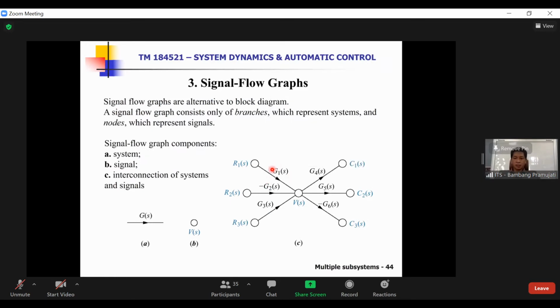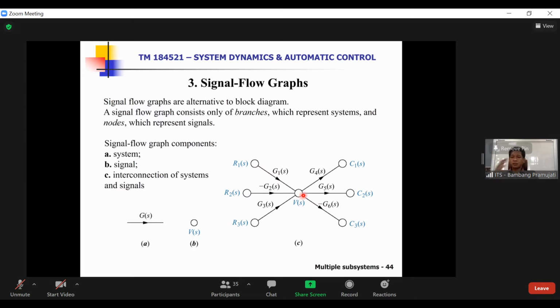Jadi ini signalnya R1, and then this is the system G1, and then this is also the signal. Jadi kalau kita punya ini, artinya Vs will be equal to R1 G1(s) minus R2 G2(s) plus R3 G3(s), itu Vs. Kemudian kalau C1 jadi Vs G4, C2 Vs G5, etc.